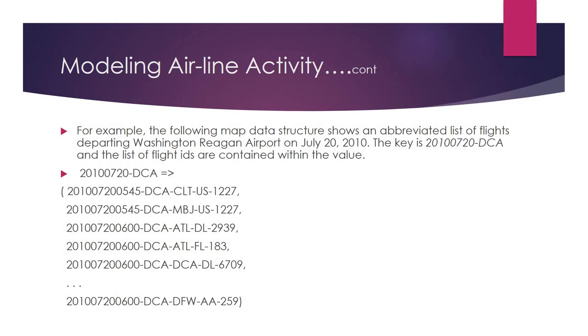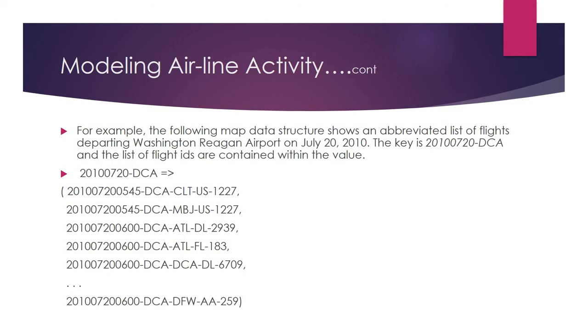The key is 2010, 07 for July, 24 for the date, and DC is the departure airport. This is the key, and this is the map structure that returns the flights departing from Washington Reagan Airport on that date, with all the flight numbers.